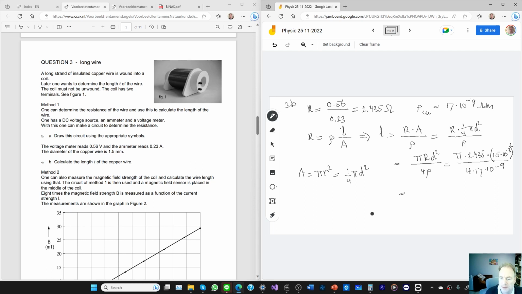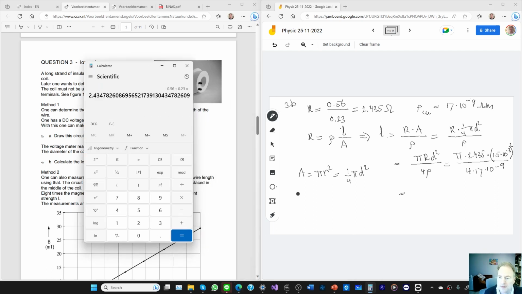So we put this in the calculator. We get pi times 2.435 ohm for the resistance, and then 1.5 times 10 to the power minus 3 squared.